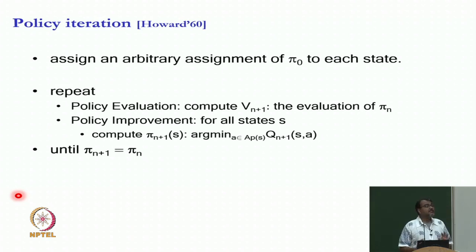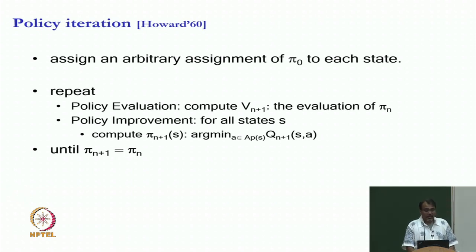Now, the idea is very simple. As we initialize the value function as V0, we will initialize a policy as pi 0 arbitrarily. Assign any action to any state, it does not matter. Then you repeat two steps. You first figure out how good this policy is, and then you make a move in the policy space so that you are better than the previous policy.